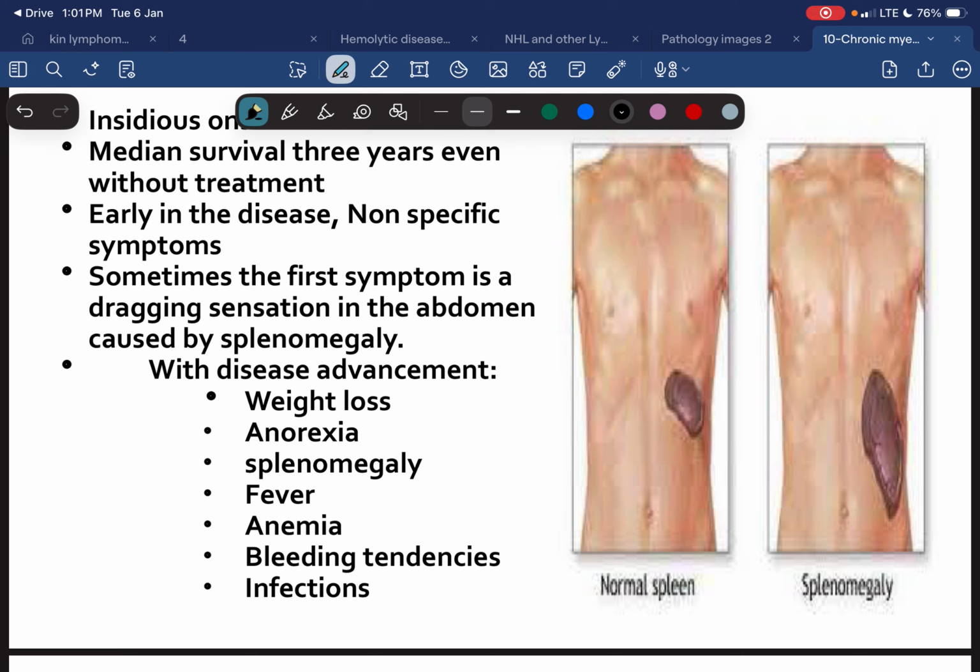Now the blasts are increasing in the blood or the bone marrow. This is related to acquiring a new mutation and cytogenetic abnormality.